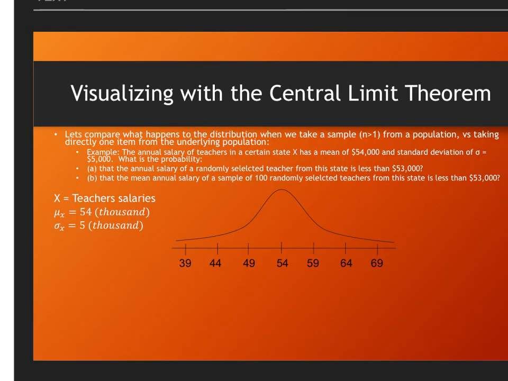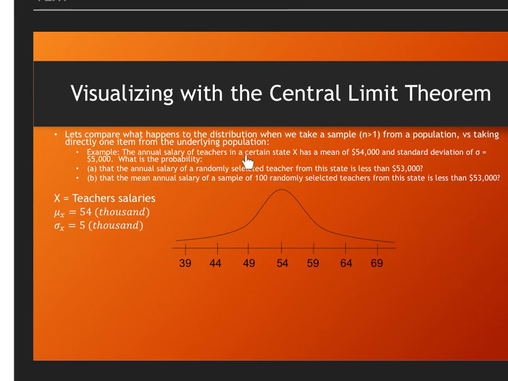So we're going to look at a scenario, and I'm going to take you through two different things, and then this of course applies when we're working backwards using invert norm. The same thing. The main thing we need to look at is what our standard deviation is. So we're going to take a look at two scenarios, and our example begins with talking about the annual salary of teachers.